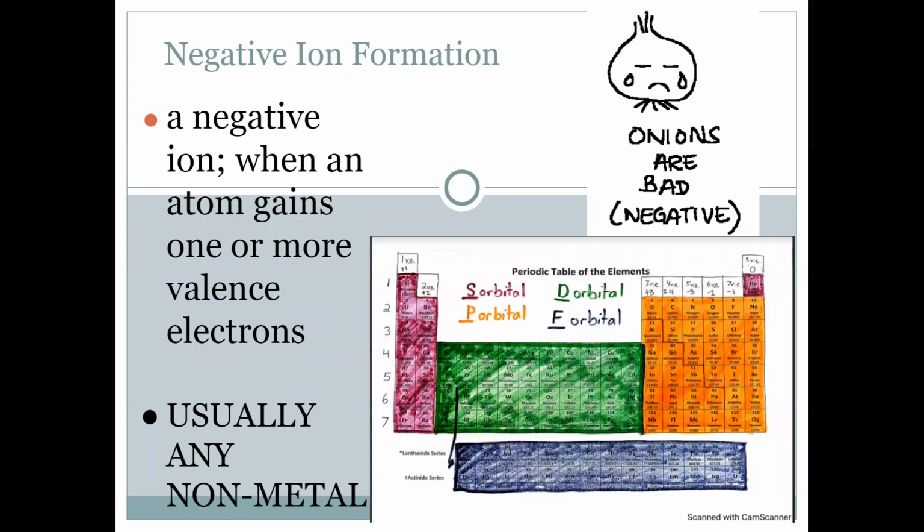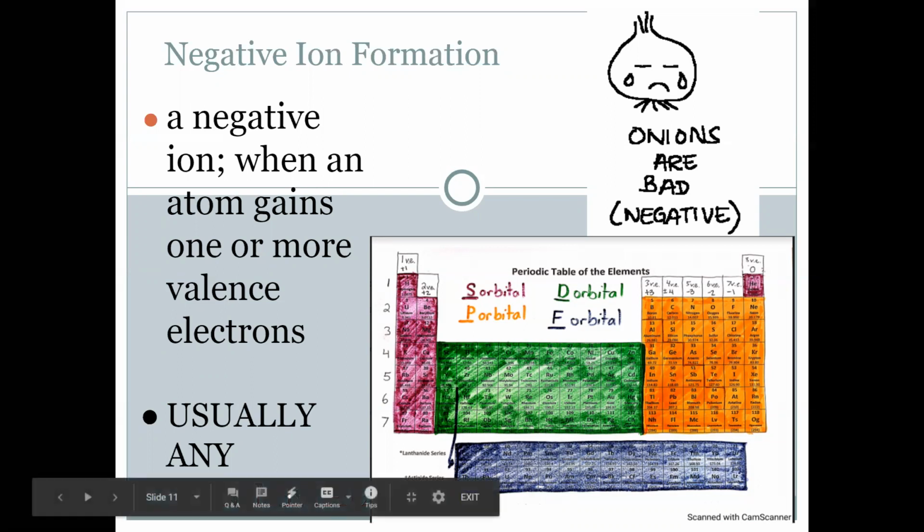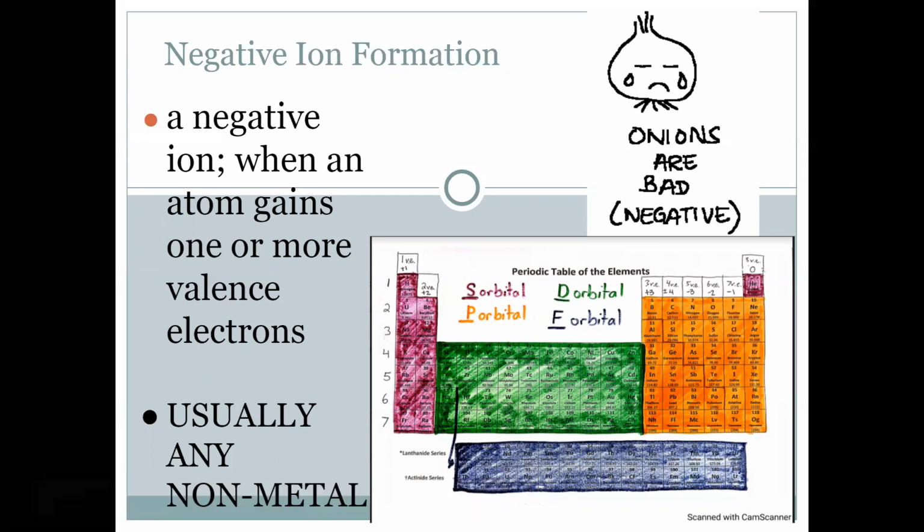The other option for a type of ion is a negative ion formation. A negative ion occurs when an atom gains one or more valence electrons when it ionizes. So instead of metals losing them, these nonmetals over here are going to gain electrons when they ionize, attaining a more negative charge.